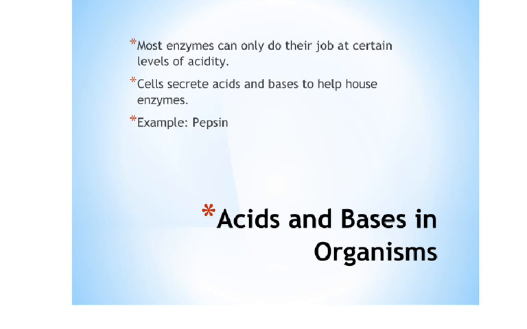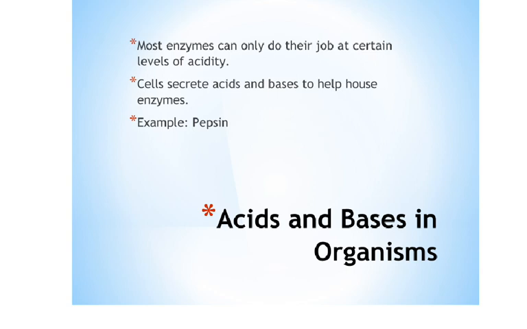So where this comes into play for living organisms, right? Because this is biology and we relate everything to living organisms. Acids and bases are super important in ensuring that enzymes can perform their job. They have to be at a certain level of acidity and a certain level of basicness, if you will.